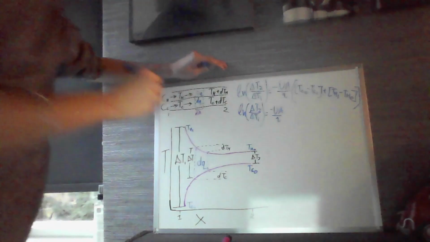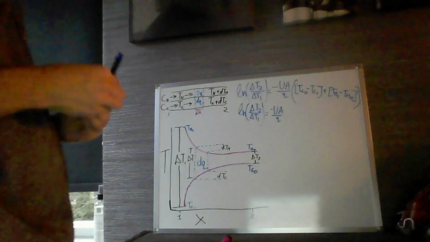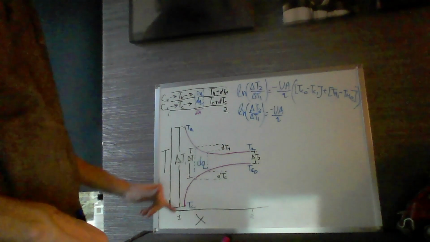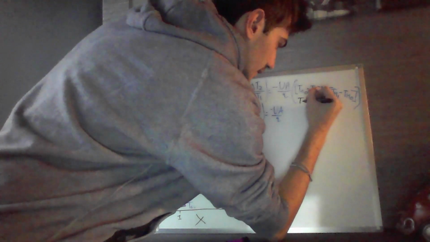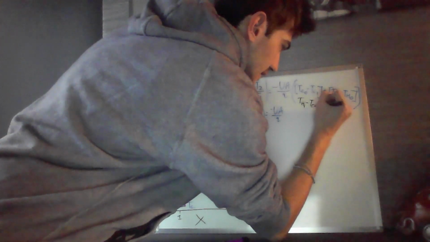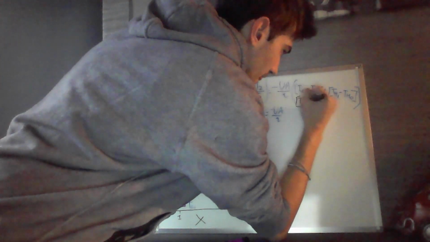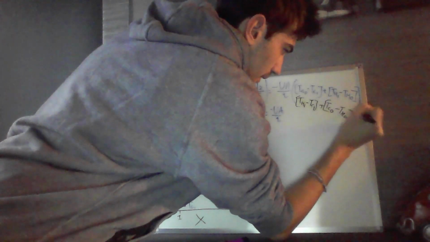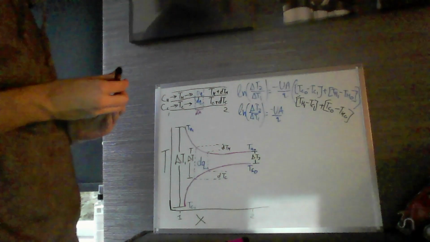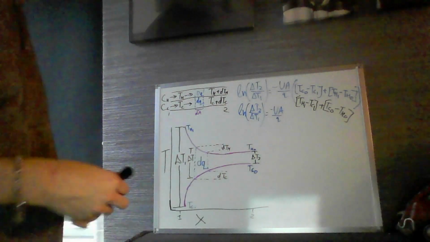So the left hand side would still remain ln of delta T2 over delta T1, and of course negative UA over Q. However, so we said we have THI minus TCI plus TCO minus THO, right? And you can see those fit in perfectly for our two temperatures.